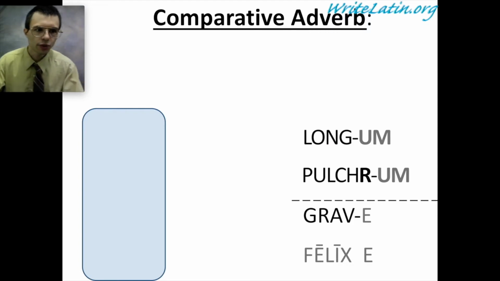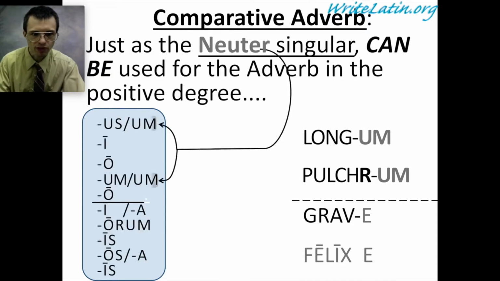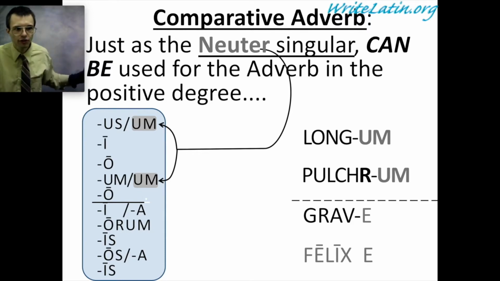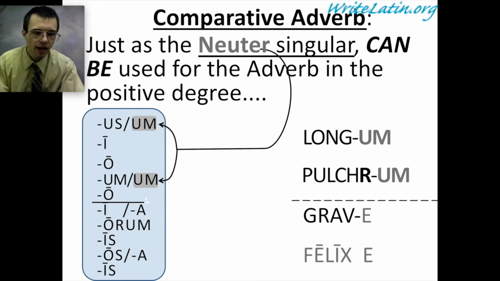Okay, so we don't just do comparative adjectives like blanker, but we can also do comparative adverbs like blankerly or more blankly. And this is going to be so easy compared to how complex it was in the positive degree. So remember those -ius endings that went here? So that -ius ending is going to be your adverb. There is no difference written on the page, at least. And you should expect this because remember just how the neuter was an optional form of the adverb back in the positive degree?